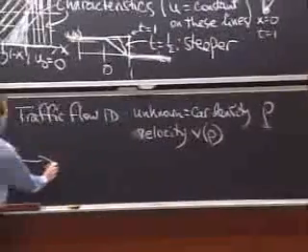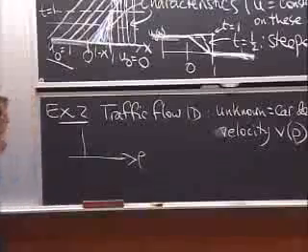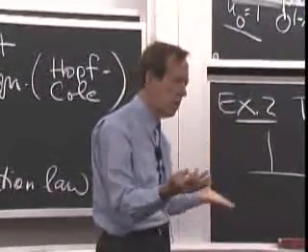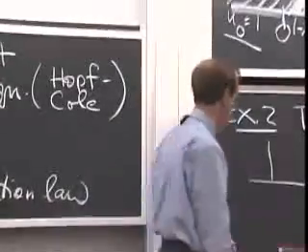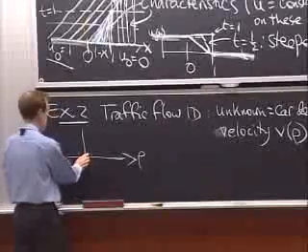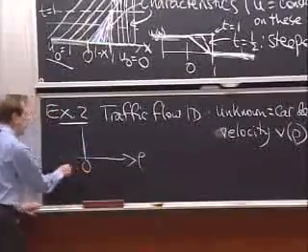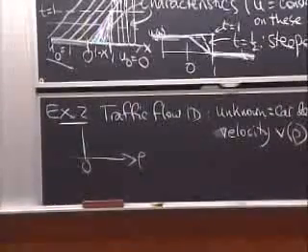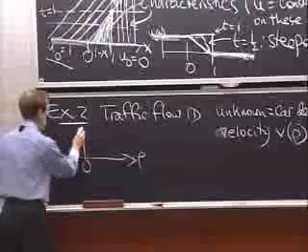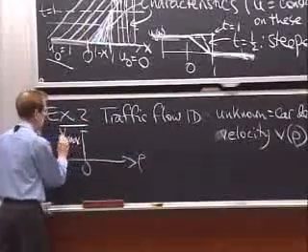I guess we expect that as rho, as the density increases, what will happen? As the density increases, the traffic's going to slow down, ultimately come to a stop. Where if the density is very small, so the density is 0, we just have a single driver. The police are not out, so he's going V max or 2 V max.